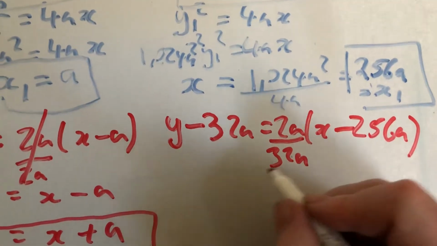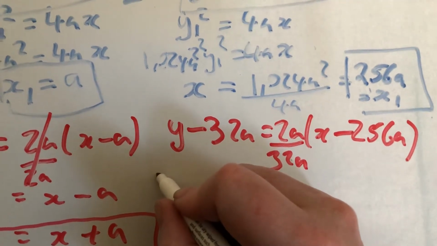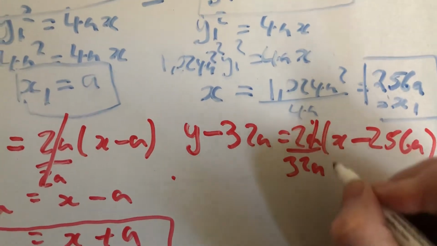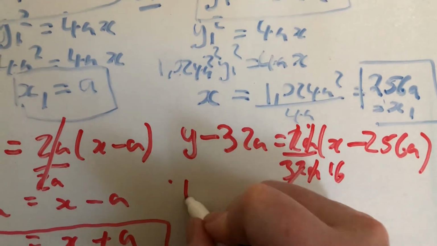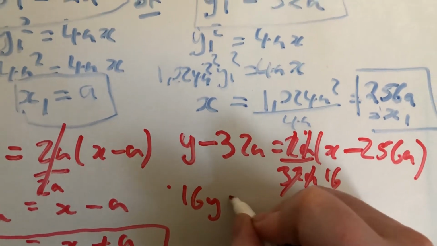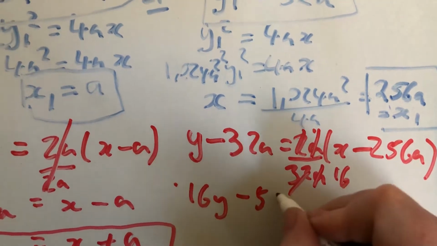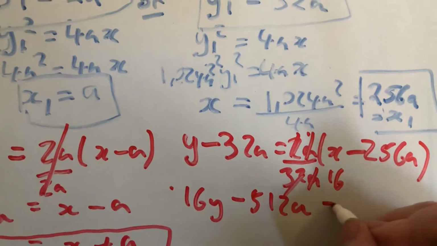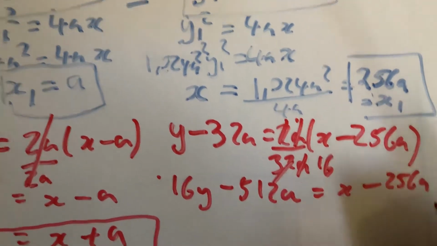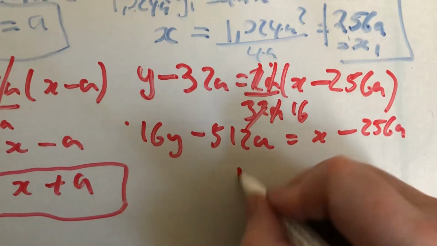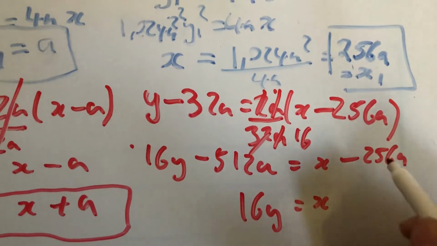Multiply through by 32a. In fact we don't even need to do that, we can cancel the a, and that comes to 16. So it's going to be 16y minus 32a times 16, which is 512a, equals x minus 256a. Okay, so on this side we've got 16y is equal to x minus 256.